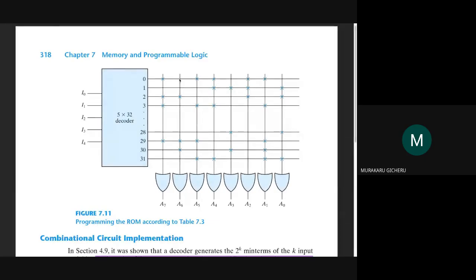The connection between line 0, address 0, and this OR gate for A6 has been severed by the blowing of the fuse. Now, if I removed the cross and put a dot, that would mean that no matter what, this connection between address 0 and this OR gate for A7 cannot be severed.